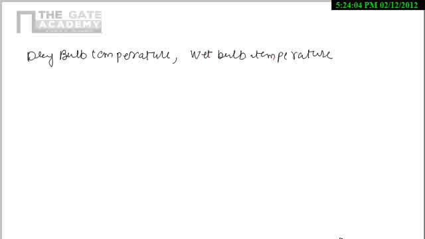Some of the important temperatures in psychrometry are dry bulb temperature, wet bulb temperature, and dew point temperature.